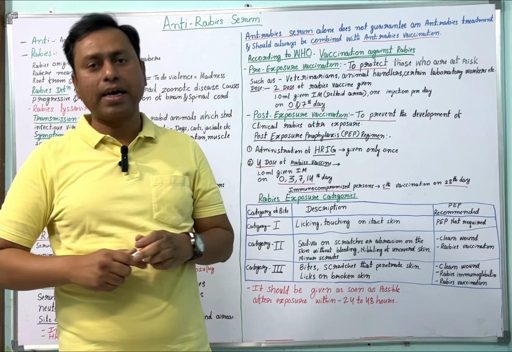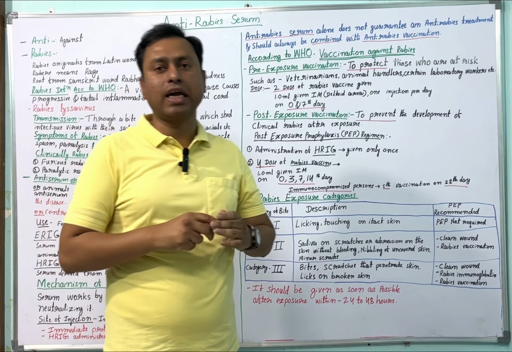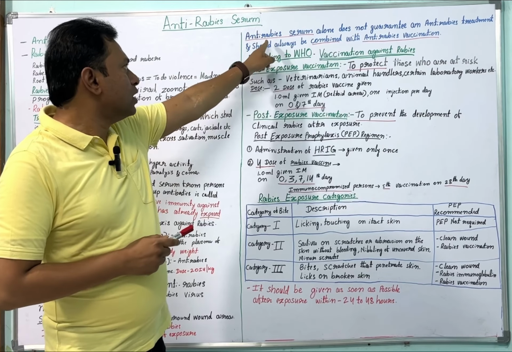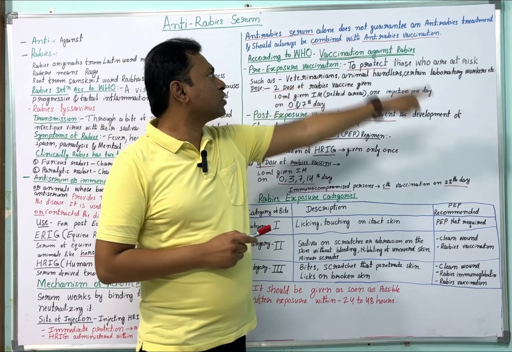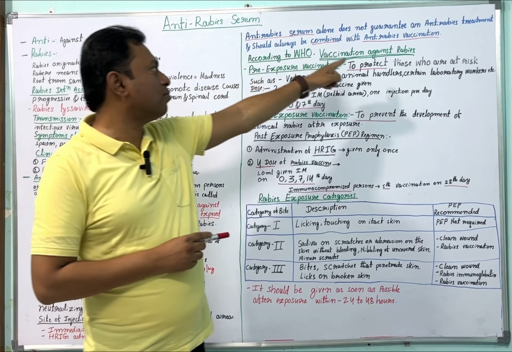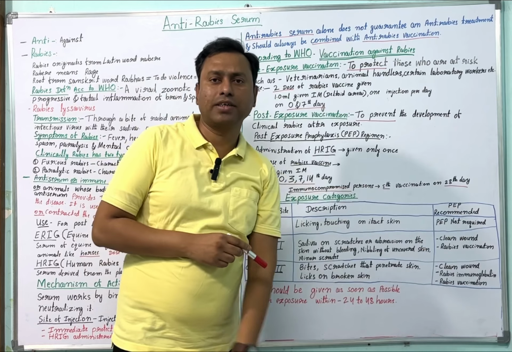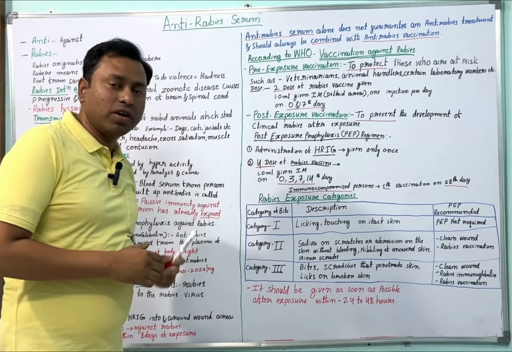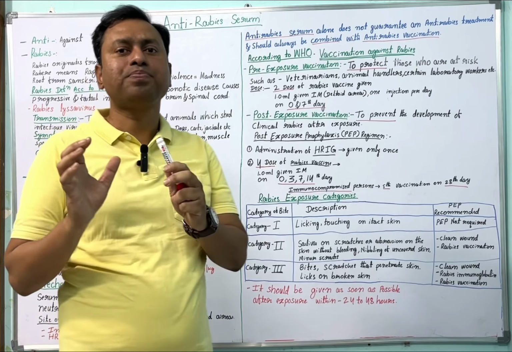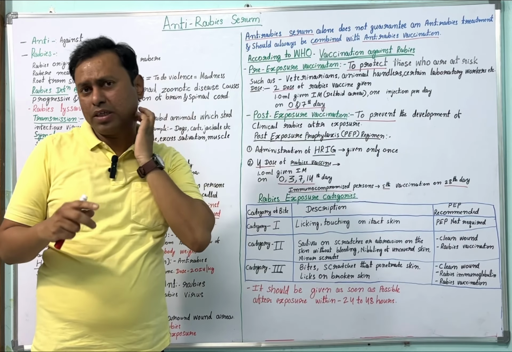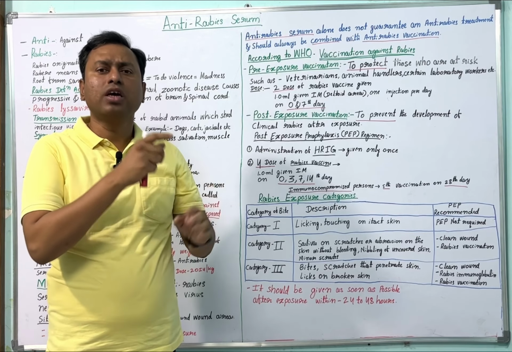One is the vaccination for rabies, and the second one is the immunoglobulins, that is the serum. Here, the anti-rabies serum alone does not guarantee anti-rabies treatment and should always be combined with the anti-rabies vaccination. This serum is given only in the early stage.